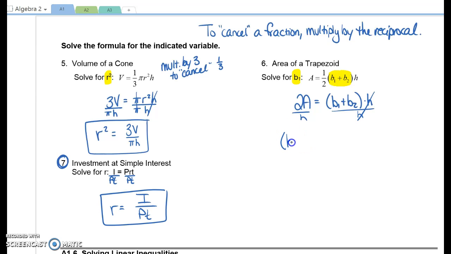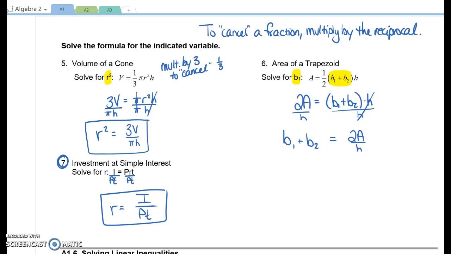And I'm going to go ahead and switch my equation around so that my bases are on the left side. Remember, it doesn't matter if you write the left side on the right or on the left, as long as you flip the whole thing. Now that the parentheses are by themselves, do I need the parentheses anymore? No, so now we can erase those parentheses, hopefully without erasing what the actual letters are.